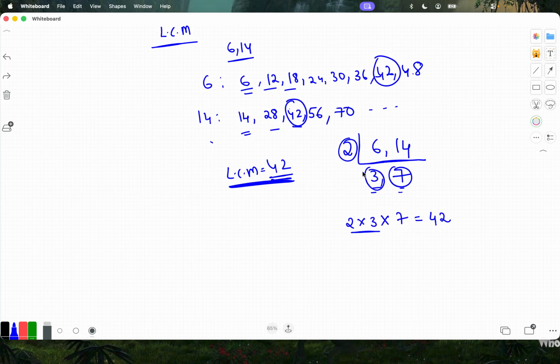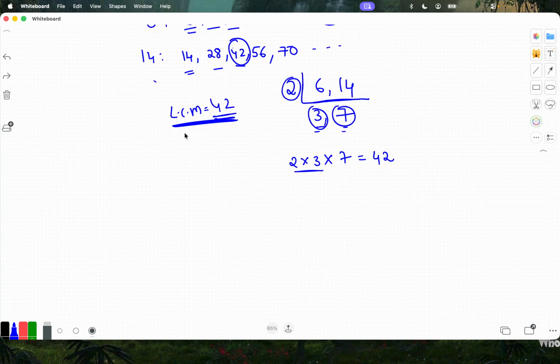So this is a simpler method. In the other way, you write all the multiples and find the least common multiple. In this, you just multiply the numbers and check the factors.